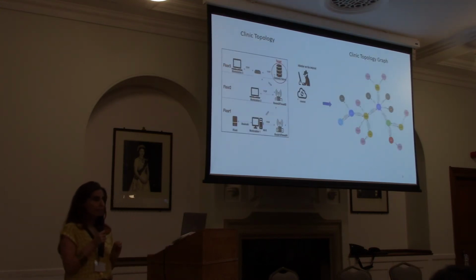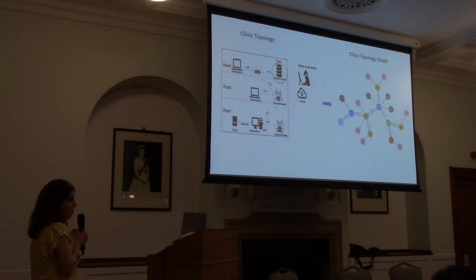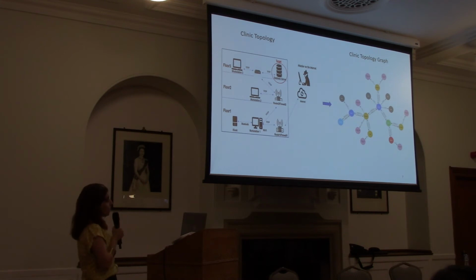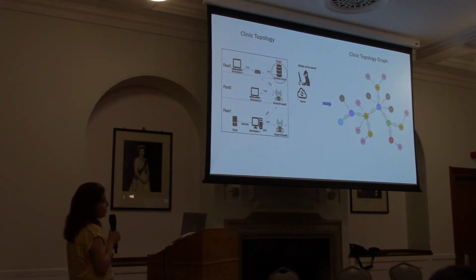To generate the attack graph, the first thing we need to do is to model the topology of the clinic using a graph. So for example, here is our clinic topology graph. The nodes in the graph represent the devices in the clinic, and the edges represent the connectivity links, the physical connections between those devices.